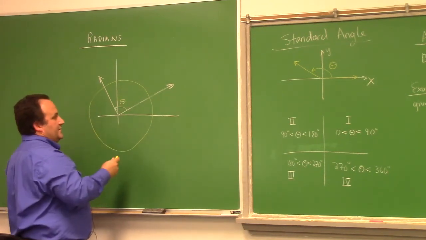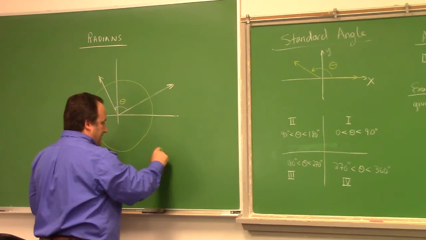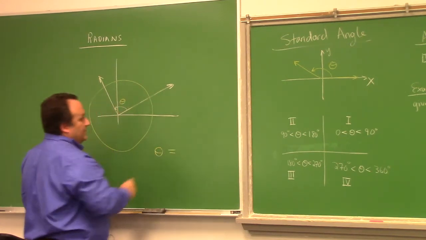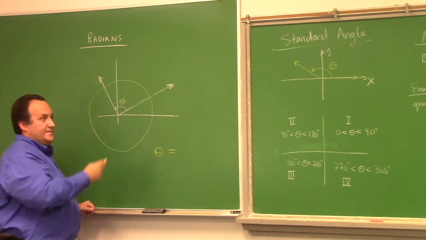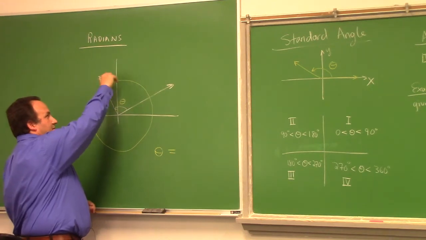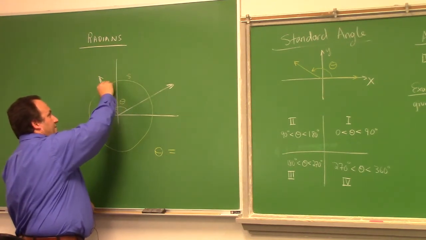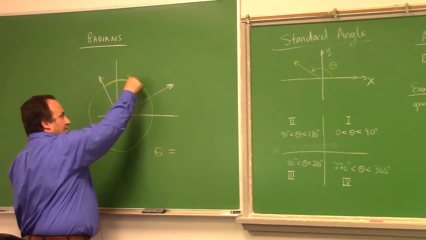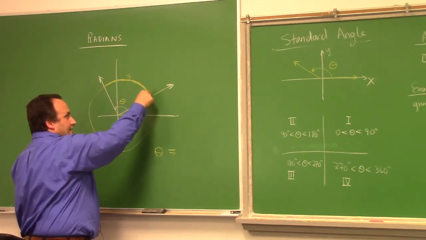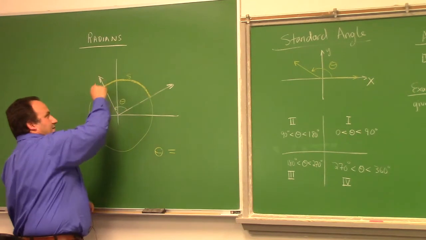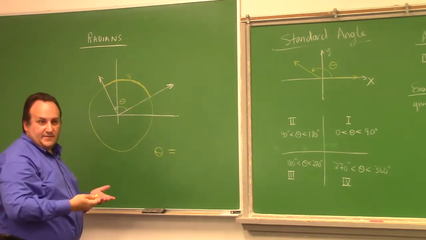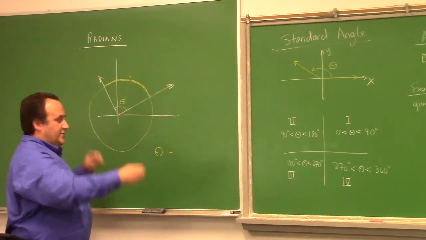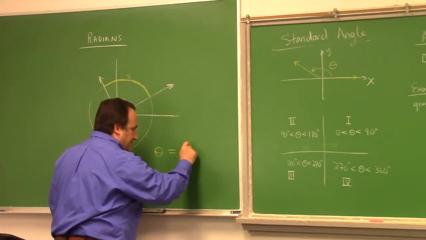And here's the deal. Theta is defined to be the length of the arc, this arc length right here. I'll shade it. If you took a piece of string and laid it along this arc, that would be the arc length, whatever that is. We usually use an S for that.